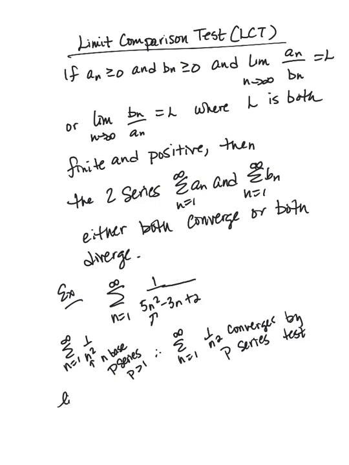So now we're going to get the limit as n goes to infinity. Okay, it doesn't matter which one we put in the numerator. So I will put 1 over 5n squared minus 3n plus 2 divided by 1 over n squared.